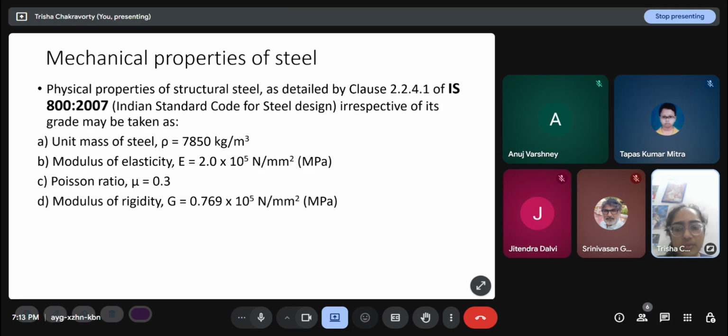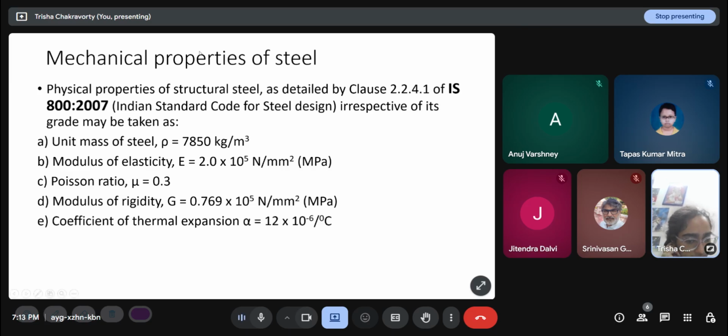Poisson's ratio, the modulus of rigidity, also called the shear modulus, and the coefficient of thermal expansion. This is actually quite high in steel. In fire resistant design and so on, we might need to consider the thermal expansion as well, because if a structural member expands, it develops some thermal stresses. So we might need to consider that in the design.